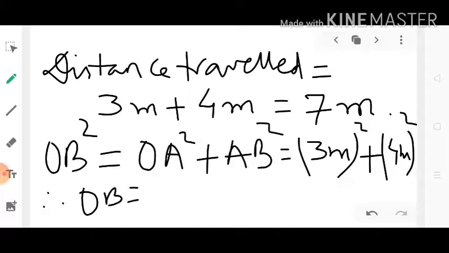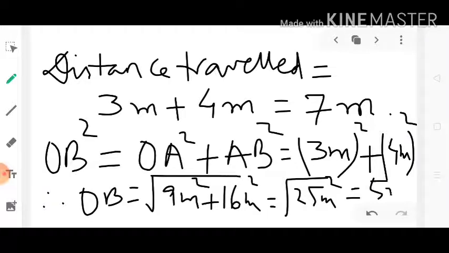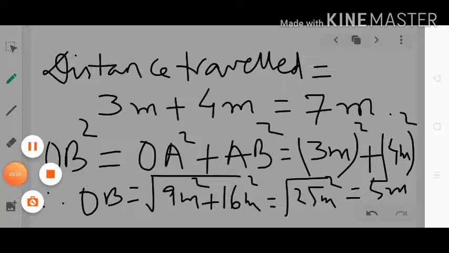Therefore OB is equal to root over 9 meter square plus 16 meter square. So that will be equal to root over 25 meter square. So taking the square root you get 5 meter. So the net displacement is 5 meter, and as we had already calculated, distance traveled is 7 meter. So this is the solution of the first question.